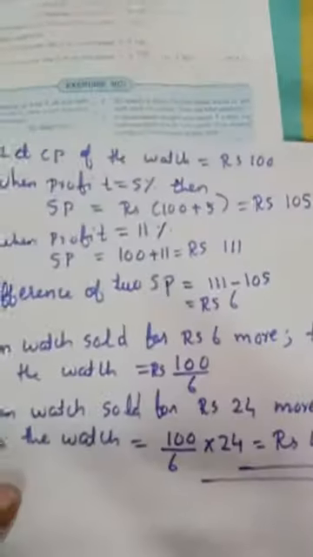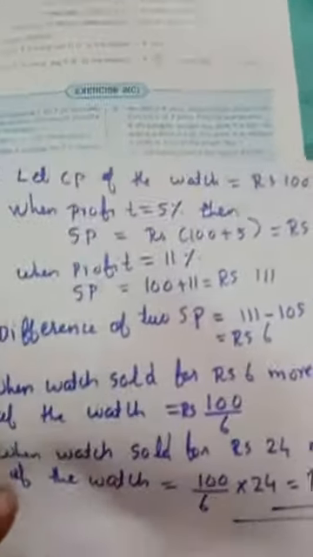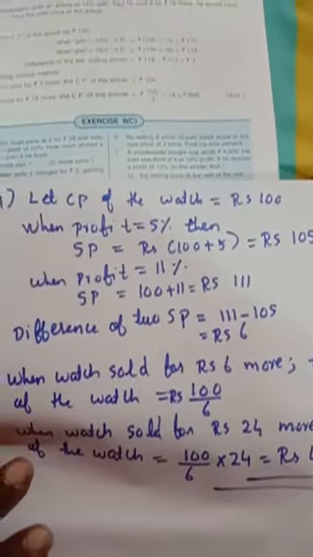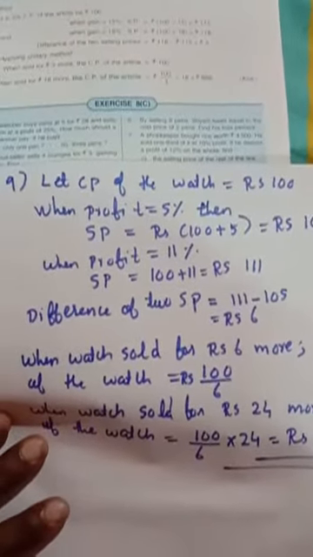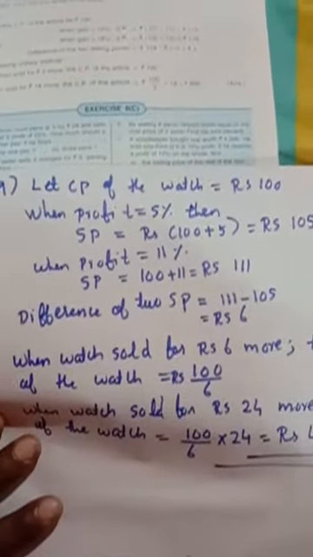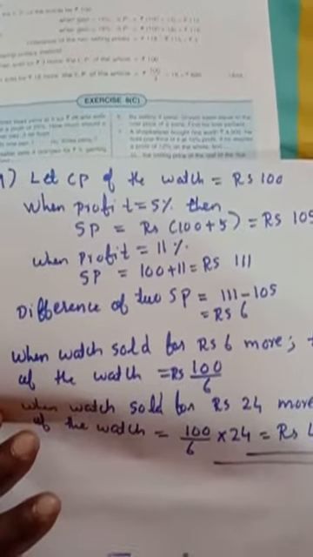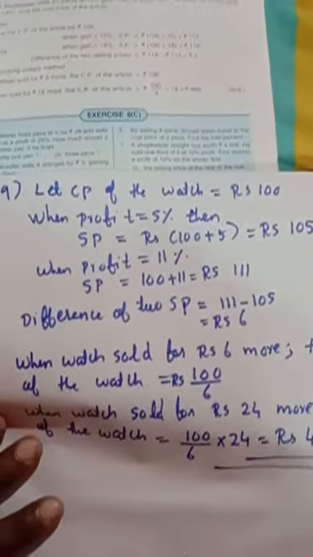So find the cost price. How to find this one? We don't know what the CP and SP are, so let it be 100. Let the CP of the watch be rupees 100.